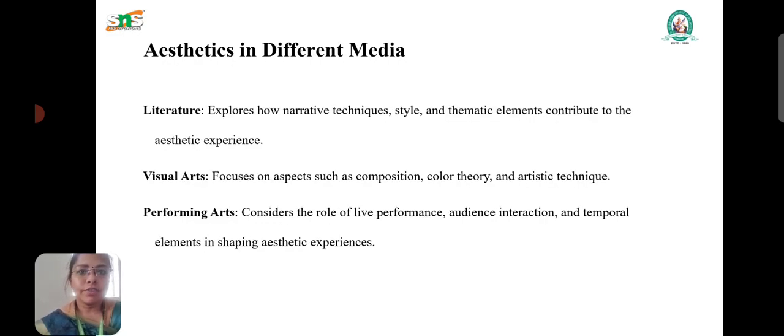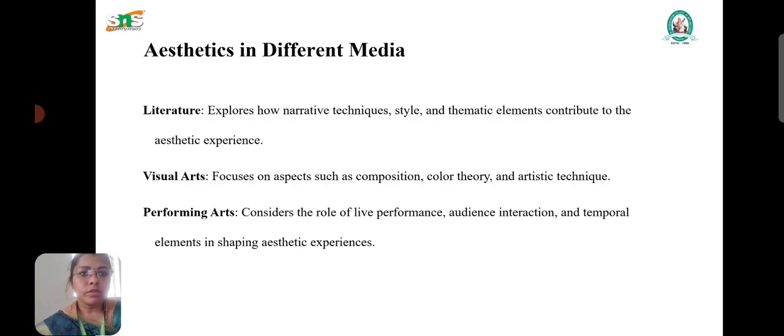Aesthetics in different media. We cannot say that direction is the only art of aesthetics. We can say that it comes under literature, visual arts and performing arts. Whichever art we perform also comes under the part of aesthetics.